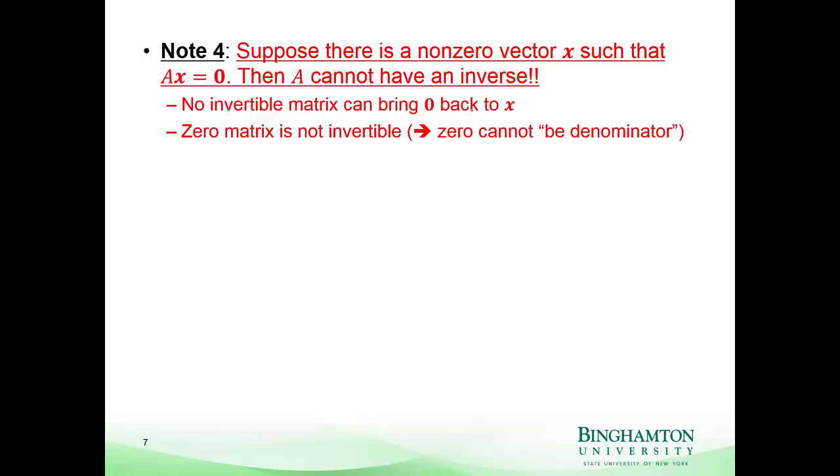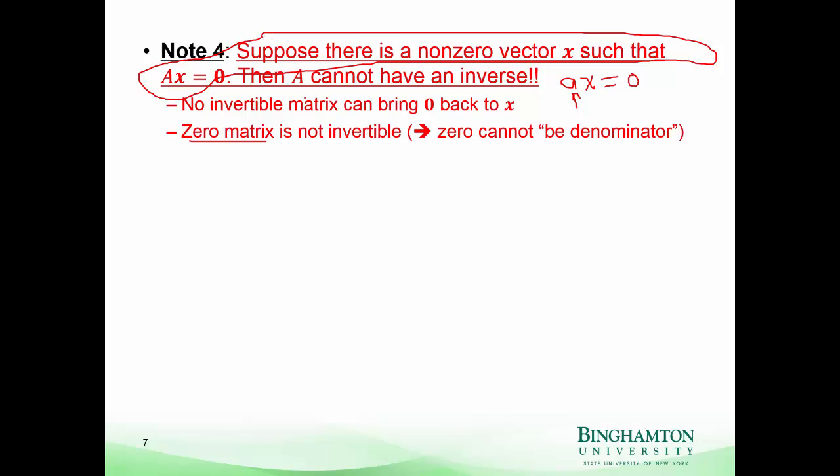Unlike in the scalar case, where for AX equal to 0 the only bad situation is when A is equal to 0, in the matrix case the zero matrix is bad, but there are actually other matrices A that are not all zeros for which this condition can exist, and A would not have an inverse.